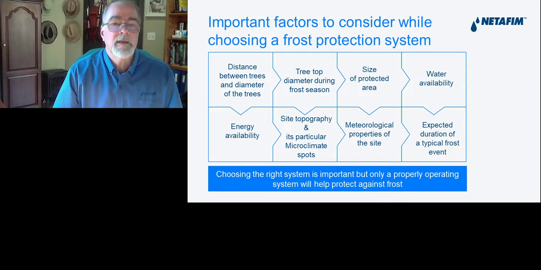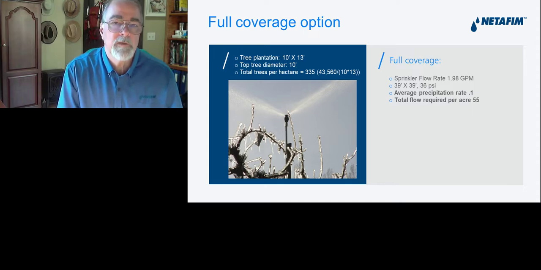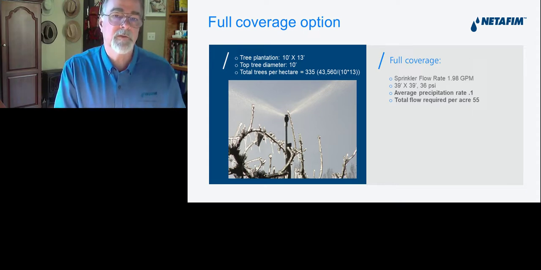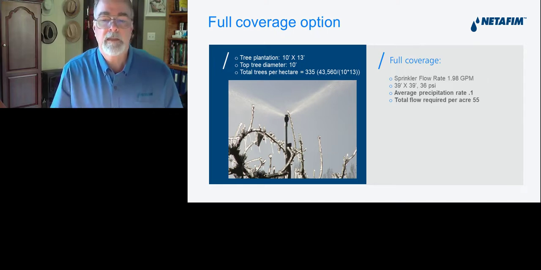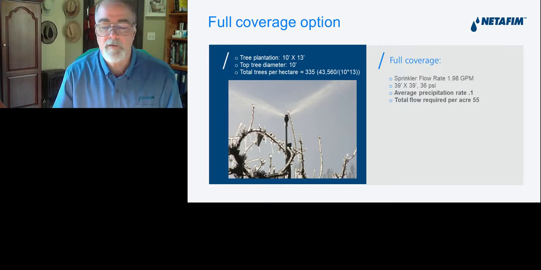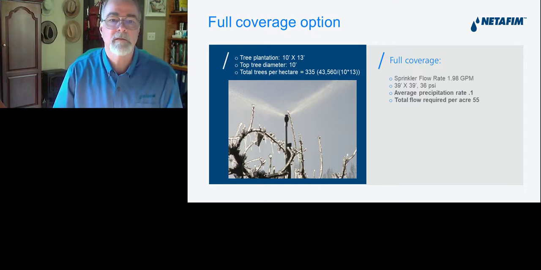So the full coverage plan, and what this portion of the presentation is going to talk about is the 3 methods. So the full coverage and a targeted and a limited area. Full coverage would be those sprinklers that are going to cover all the trees, all the drive middles, everything out there that's within range of that sprinkler.